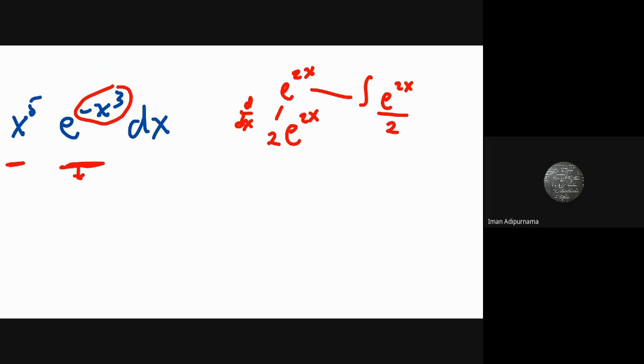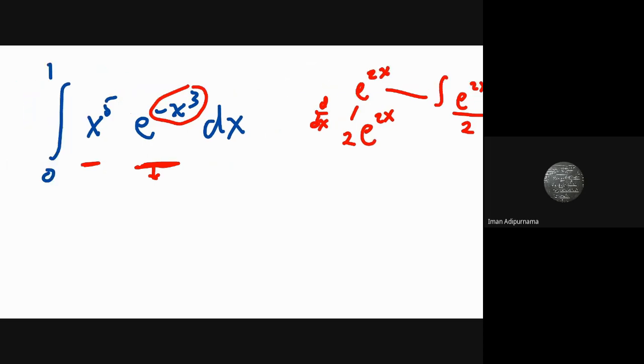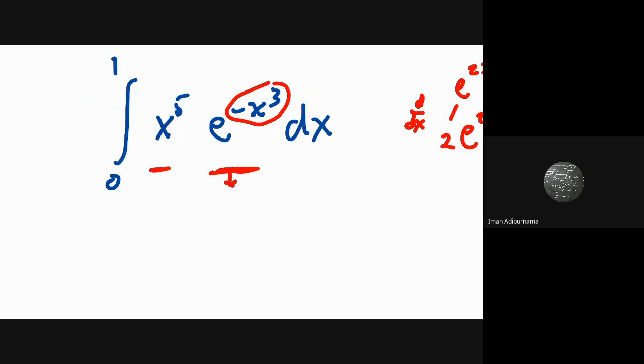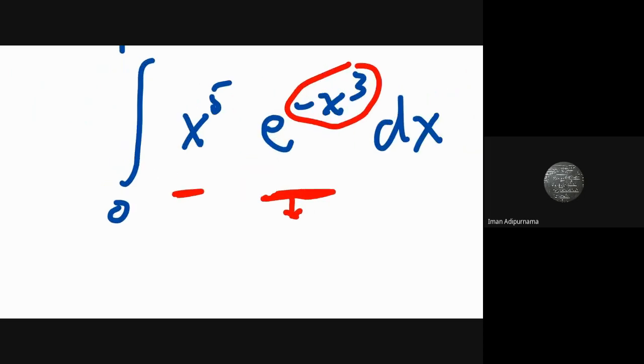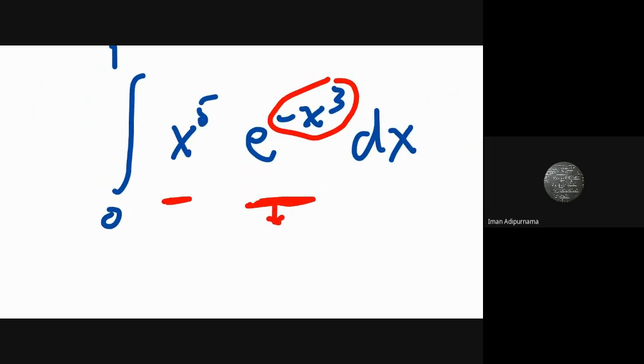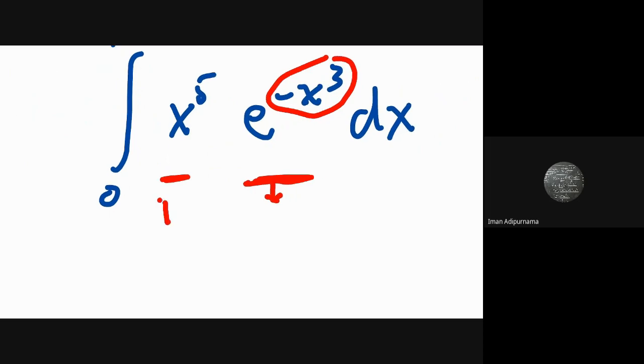Now if we have this cube and we have x to the 5, as I mentioned in the early class, when you have e and the other one is a power form like x^5, x^2, x^3, it's better to think of this as the one that we derive, and this as the one that we integrate.